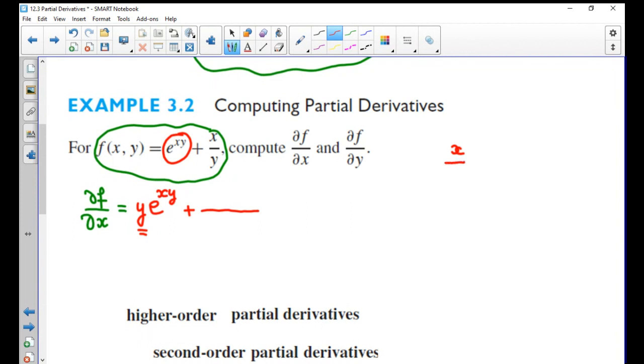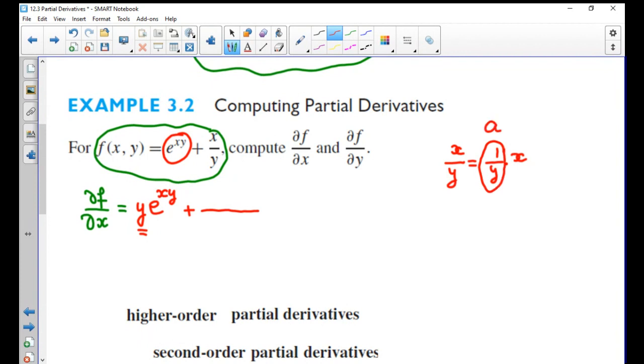That's fine. But basically, yes, that's how I did it before. But what you can do here is think of x over y as 1 over y multiplied by x. So this is like the constant a we talked about.